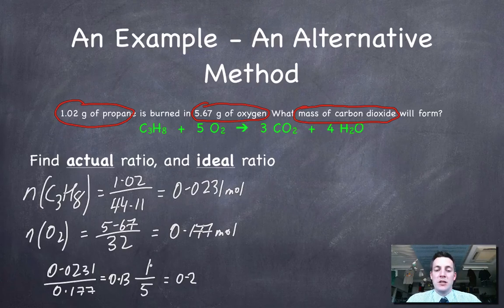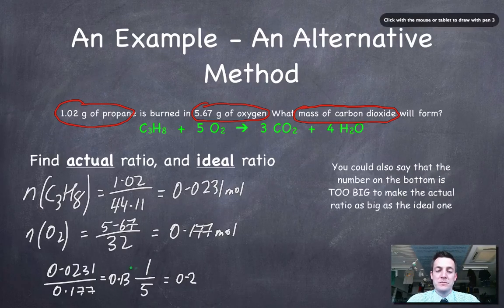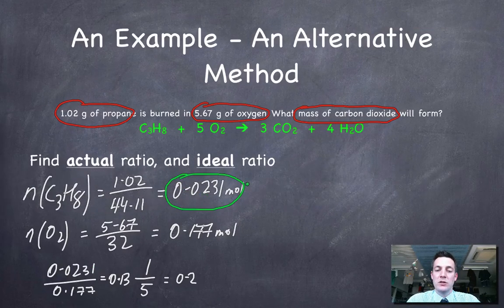So this tells us that the ideal ratio is bigger than the actual ratio. So in other words, this number on top here is not big enough to make this ratio as big as the ideal ratio. There is not enough propane to react with all the oxygen. So that's our limiting reagent.